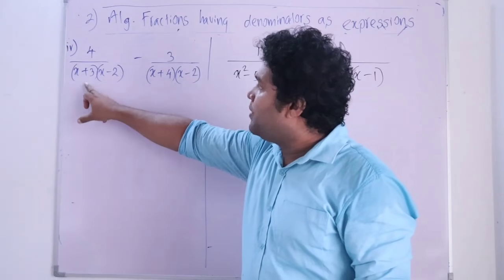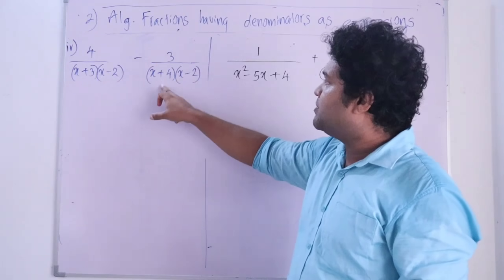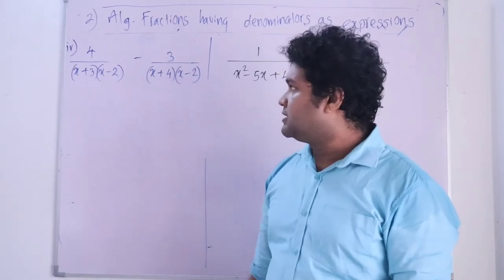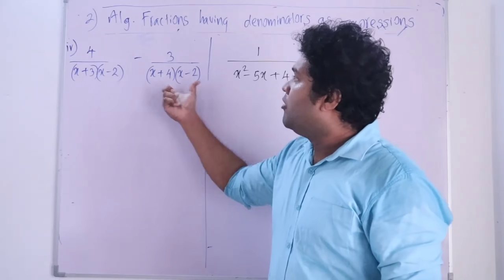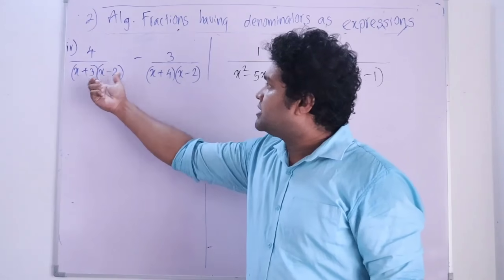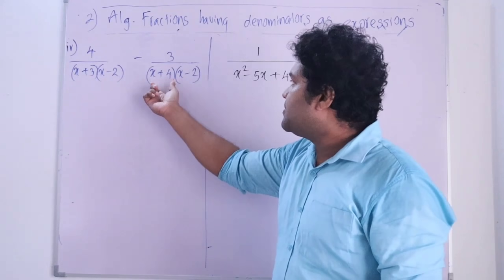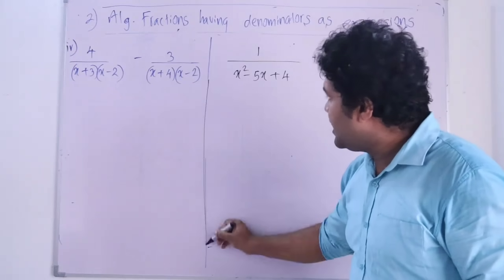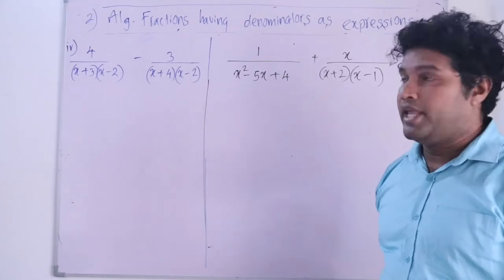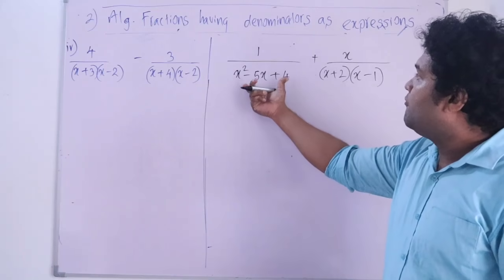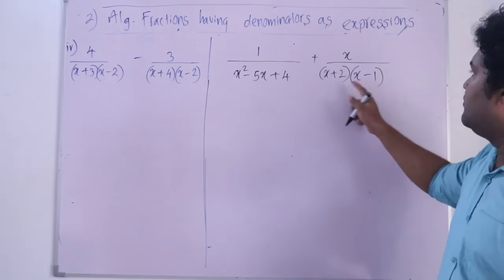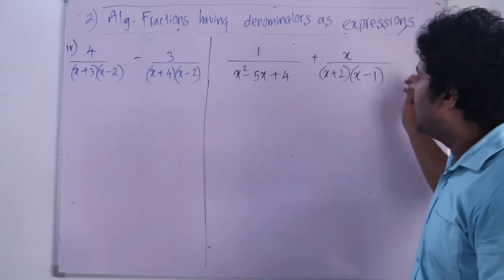It has 4 over x plus 3, x minus 2, minus 3 over x plus 4, x minus 2. But in the question I have given on the left hand side, you don't have more factors, because x plus 3, x minus 2 is non-factorable and x plus 4, x minus 2 is non-factorable. But with what we have on the right hand side in connection with the problem I gave, you have a factorable expression at the first expression, but the second one doesn't have factors.